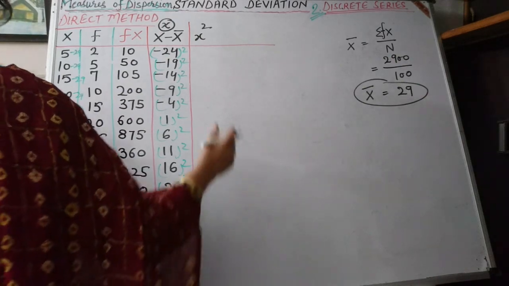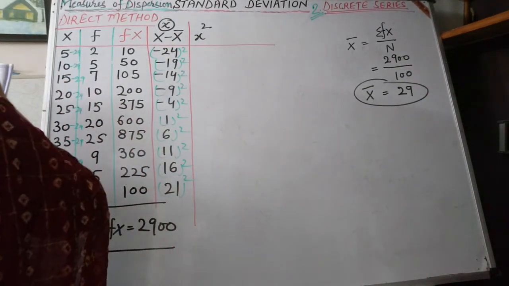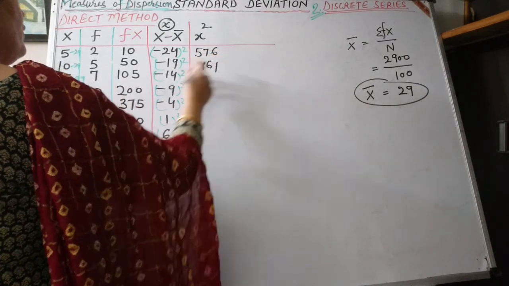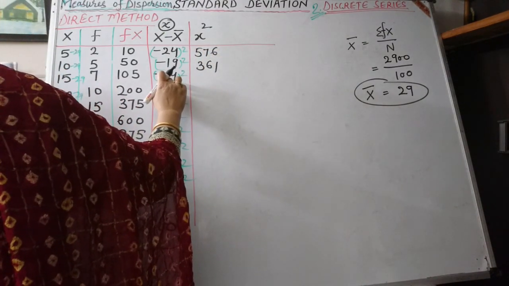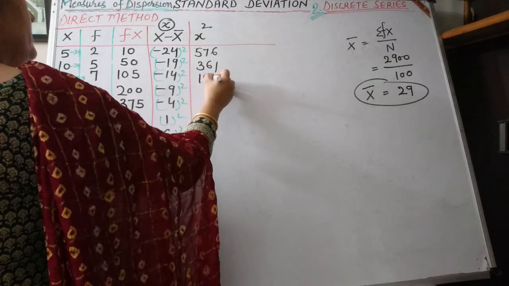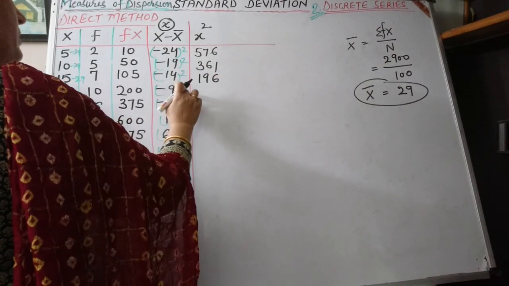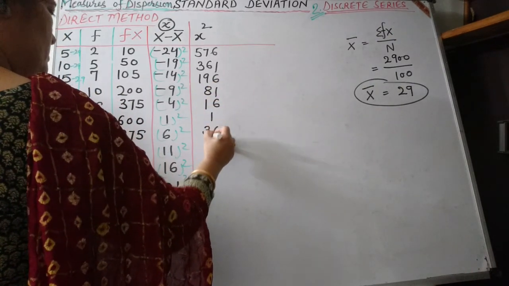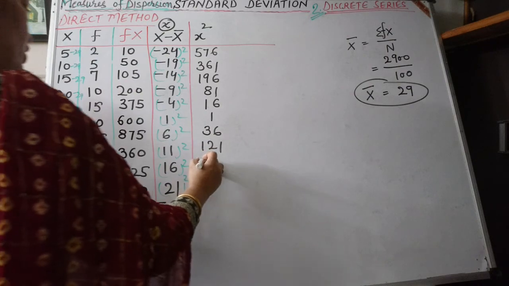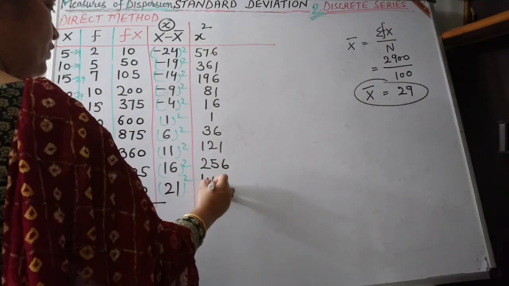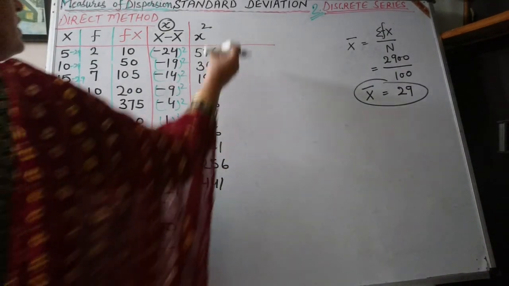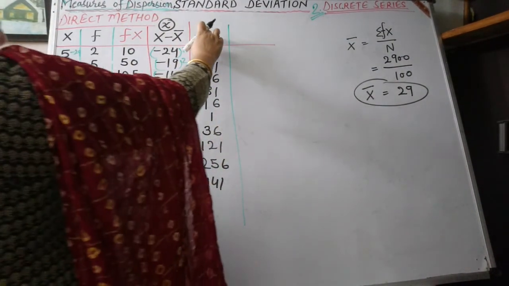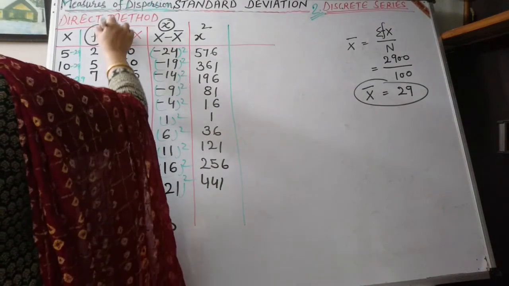The calculations will be 24 multiplied by 24, it will be 576, 361, 196, 81, 16, 1, 36, 121, then 256 and the last one is 441. In the direct method we have calculated just x square because here frequency is also given.